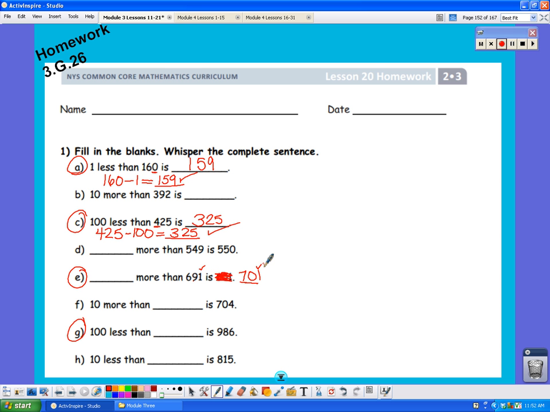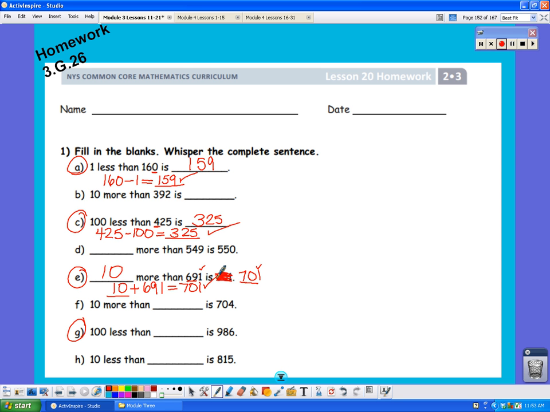So actually what's changing is the hundreds in the tens place, or we can just call it so many tens. I had 69 tens, and I'm trying to get to 70 tens. Well, 69 plus 1 more 10 will give me 70 tens. But if I set up my problem, 10 more than 691 is equal to 701, and this does make sense. So 10 is the right answer.